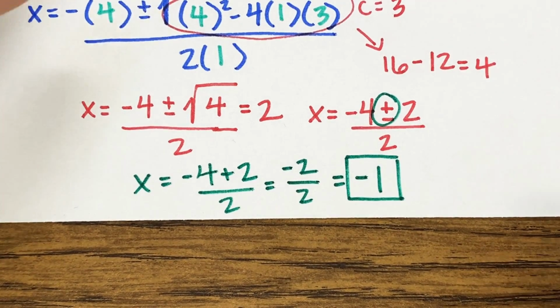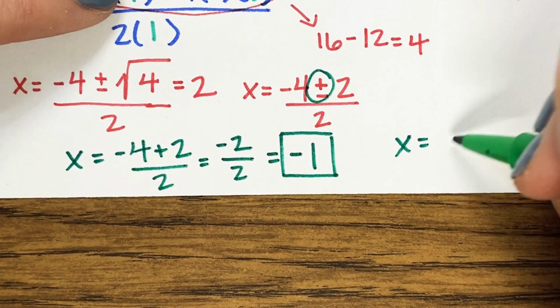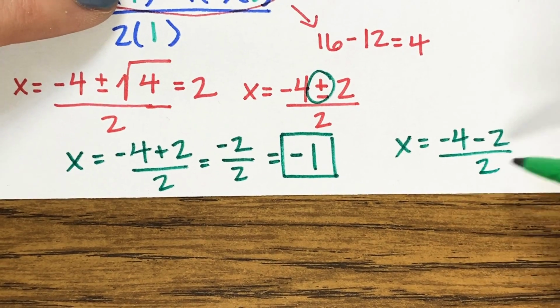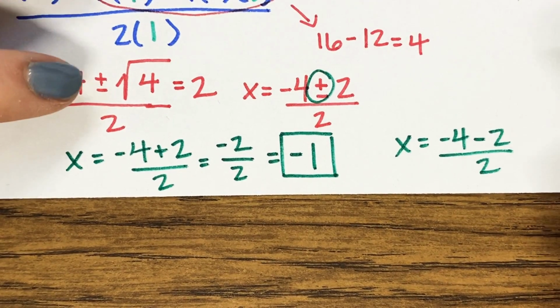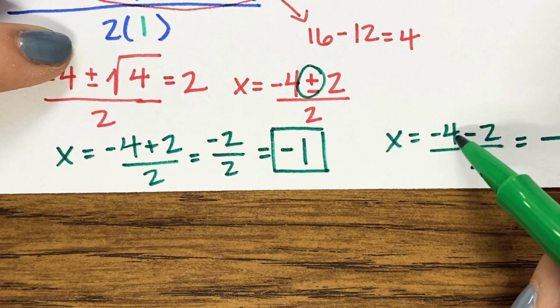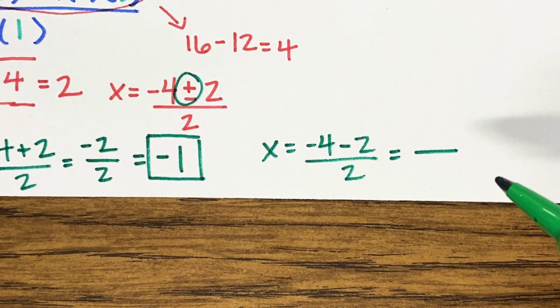What about our second answer? Okay, we have x is equal to -4 minus 2 over 2. Okay, let's go ahead and solve this one. Okay, on top I have -4 minus 2. What am I going to get? -4 minus 2.